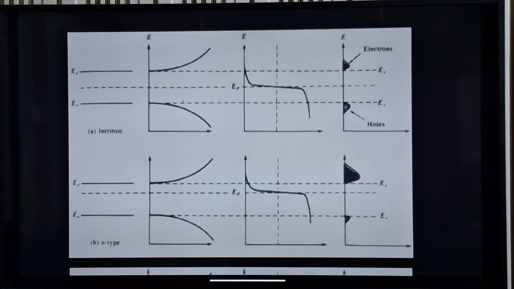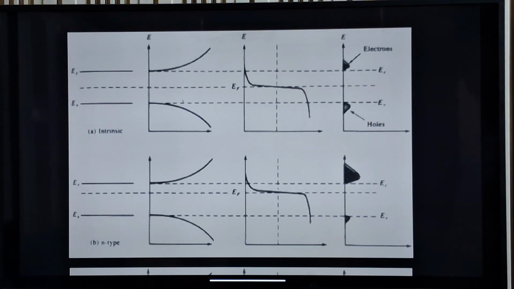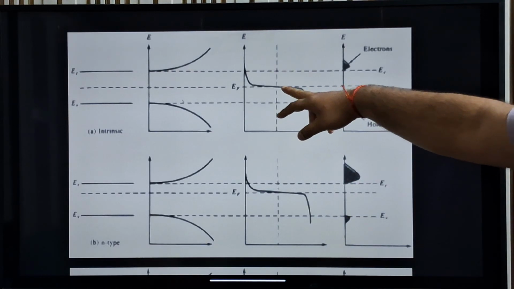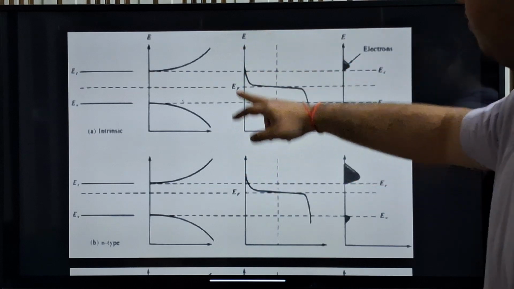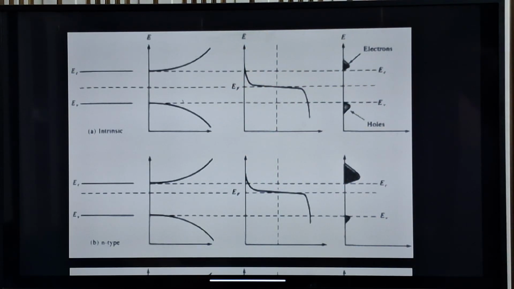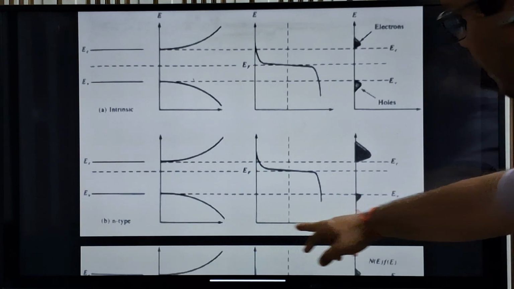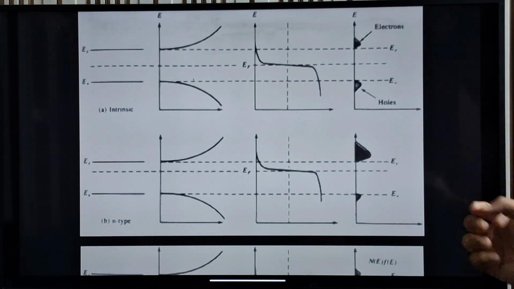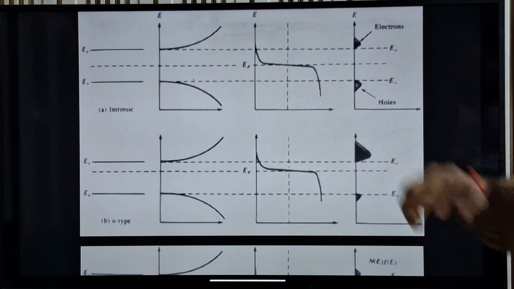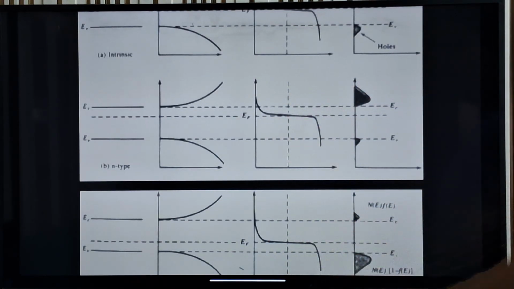How can we explain this? We know that at the Fermi level, the probability of finding an electron will be half. And when this energy is equal to EF, we need to ensure that this probability is 50%, right? However, when you shift, this x-axis represents the probability and this y-axis represents the energy. So regardless of wherever EF is, at EF this needs to be 50%.